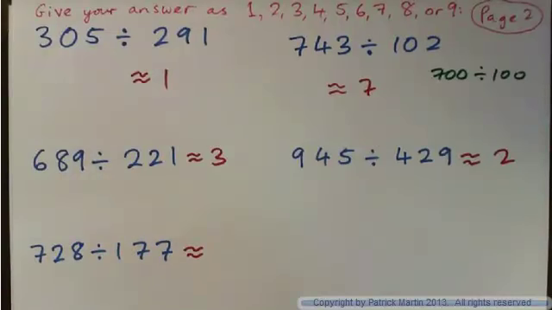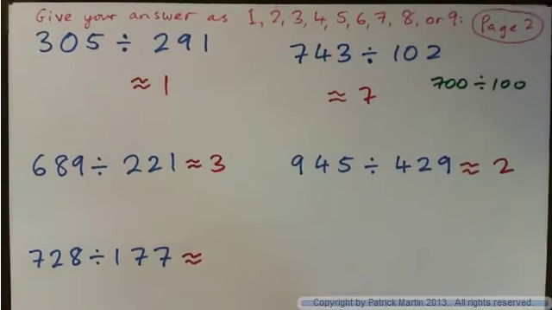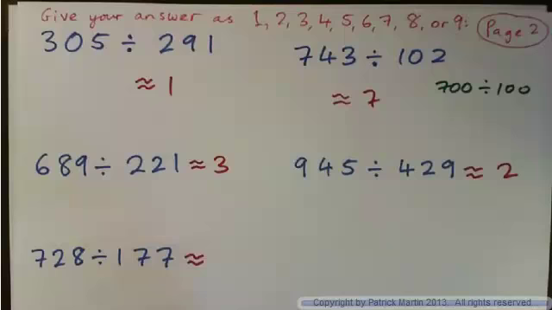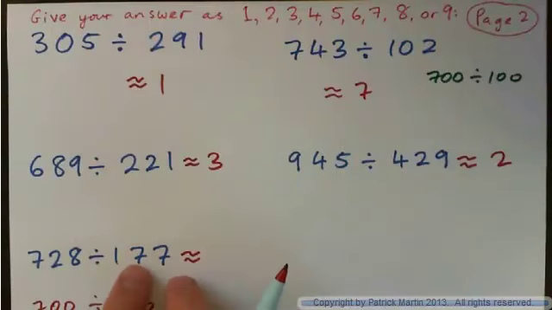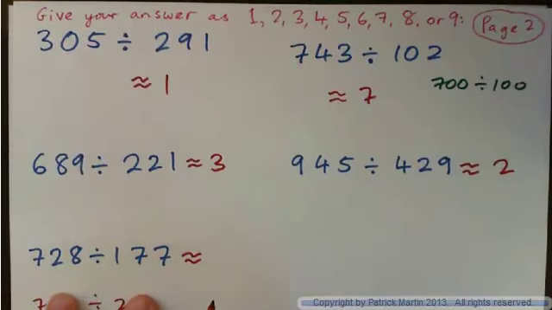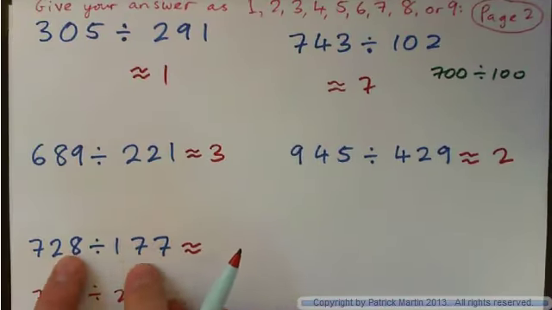This one now, though, is kind of 700, you could say, divided by 200 in a way, but this is less than 200, so 2 into 7 would go almost 4 times, wouldn't it?